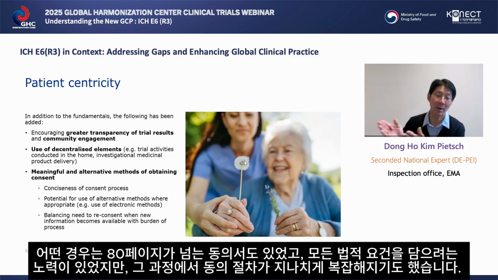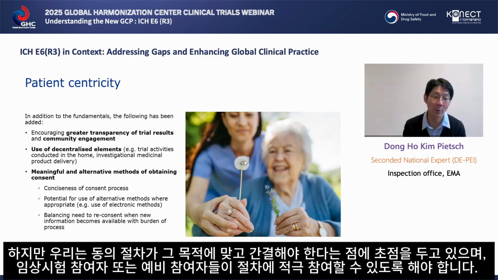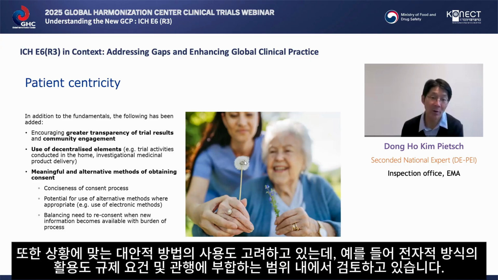They're trying to make everything legally sure, which has its right and place, but the process should also fit its purpose and be concise, involving the potential trial participants, and explore the use of alternative methods where appropriate, such as available electronic methods, of course again in line with regulatory requirements and practices.